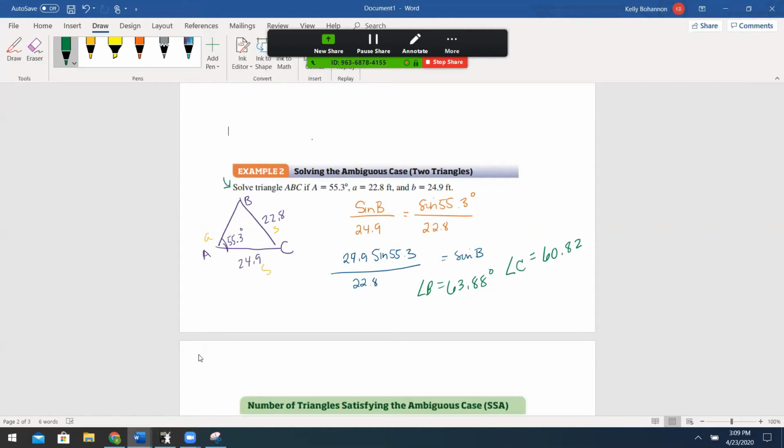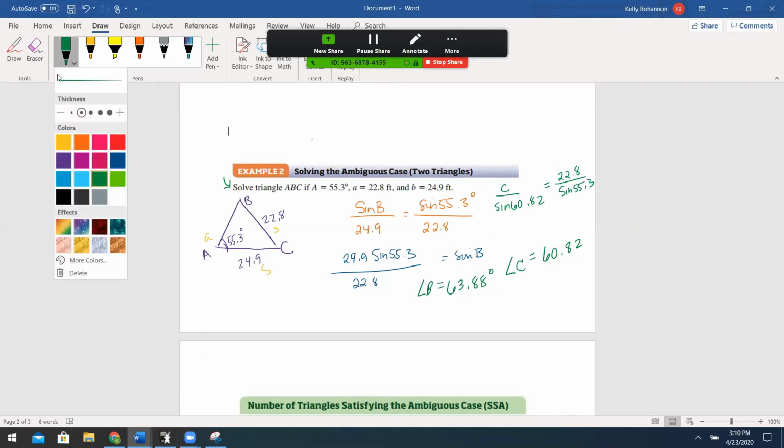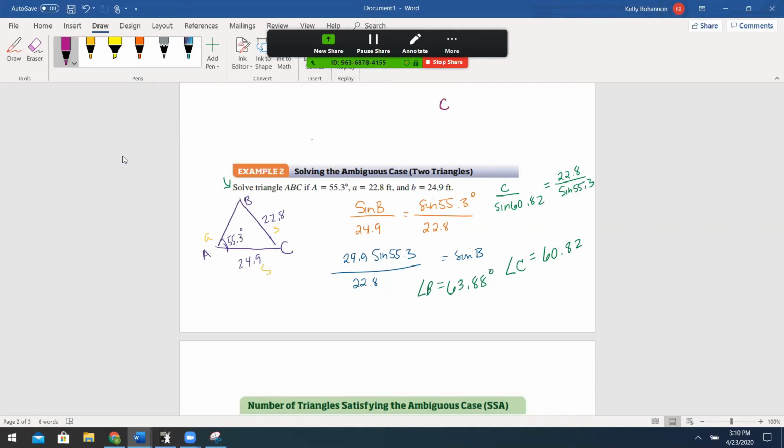And since they're asking me to solve for triangle ABC, I need to go in and find side C. So let's do C over sine 60.82 equals 22.8 over sine 55.3 in order to find side C. So you can do the cross multiplication, and C is going to be 22.8 sine 60.82 divided by sine 55.3.